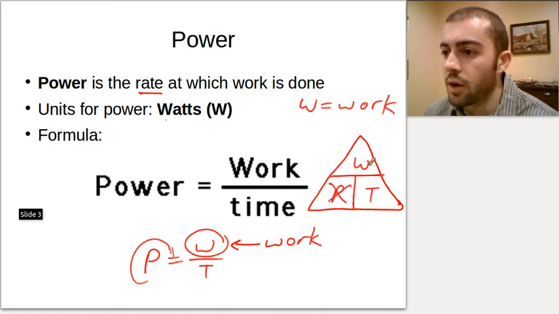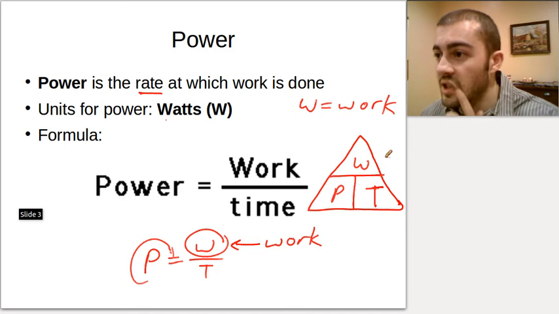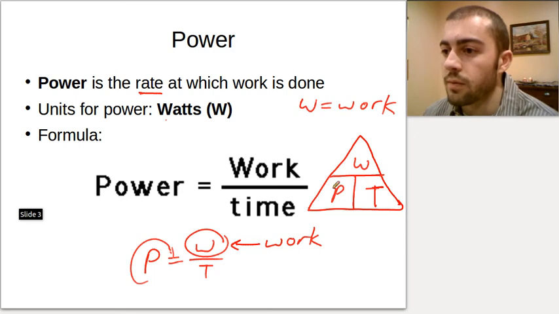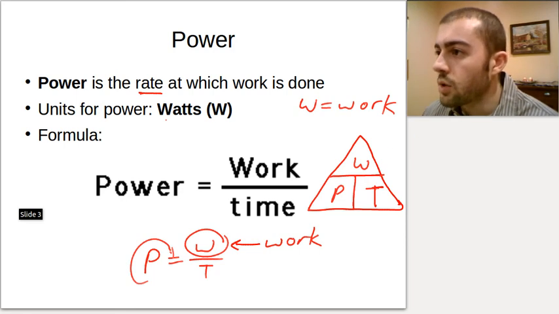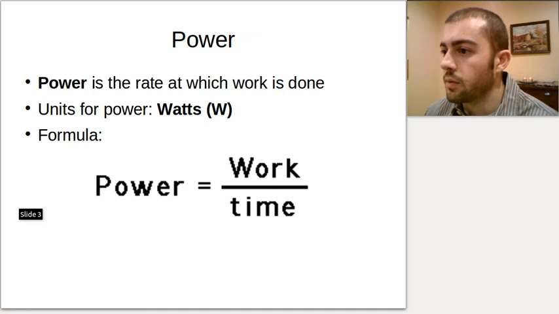If we cross out power here, we would do work divided by time. If we want to find time, we would cover up time and we do work divided by power. Right, so the triangle that we are familiar with from the density equation can also be adapted to use for this power formula.